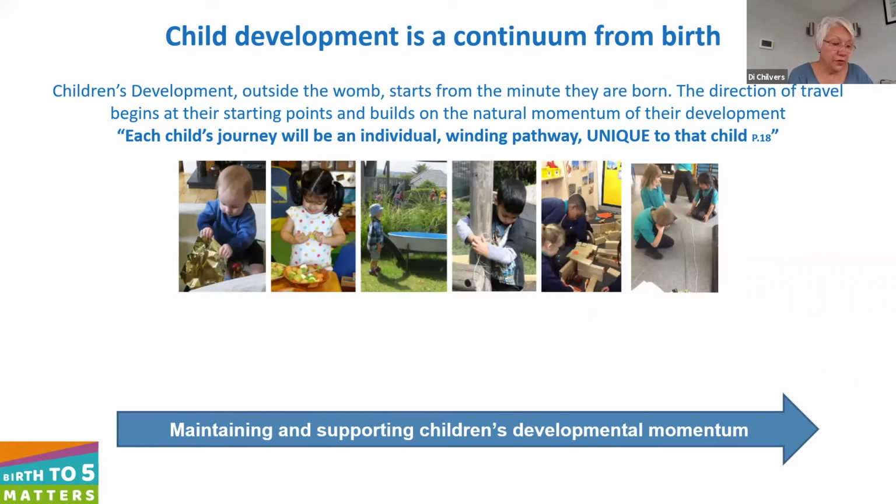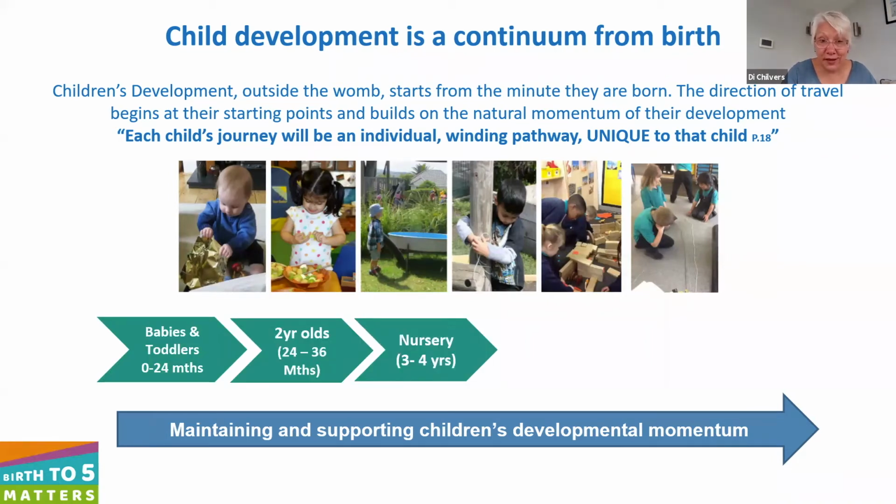So it's crucial for us to remember that young children are not smaller versions of older children. Development and learning is specific to them. So their developmental and learning momentum is going to be bespoke to them, unique to them.